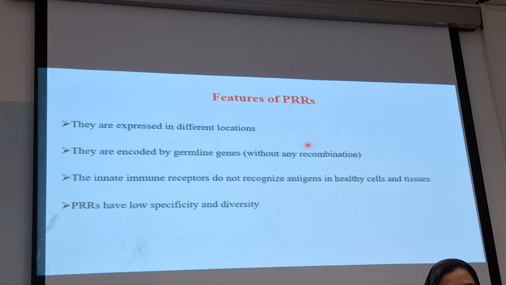But in the innate immune system, we have a limited number of pattern recognition receptors, and all of them recognize pathogens in the same way. They aren't different in how they recognize antigens, so pattern recognition receptors have low specificity and diversity in our body.